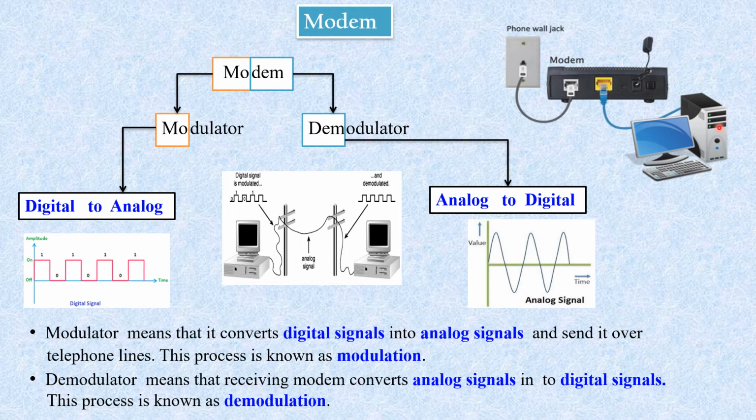So that is demodulation. While sending, it is modulated, and while receiving, it is demodulated. Clear? So modem is nothing but conversion from digital to analog and back from analog to digital signal. Here you can see the two pieces are connected. Here is a digital signal and there is an analog telephone wire. So that is nothing but modem.